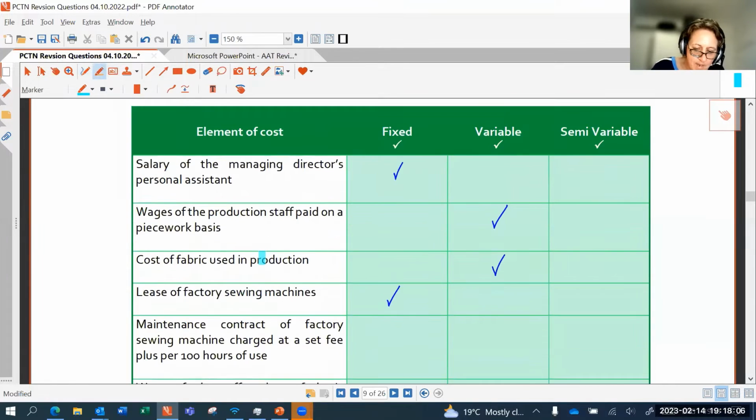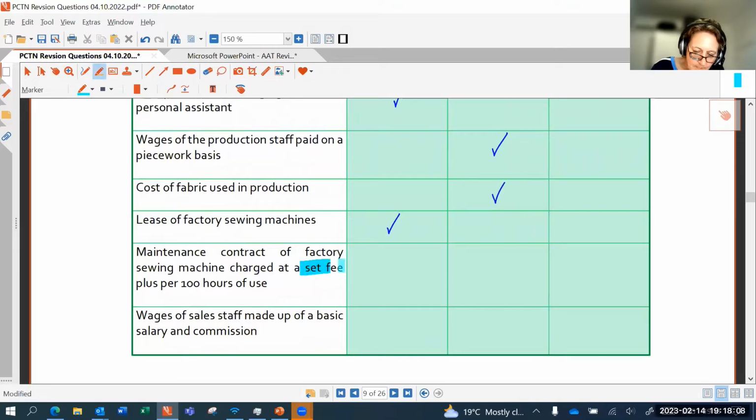So maybe, I don't know, £100 plus an extra amount per 100 hours of use. So it's basically a set fee plus additional amounts for every 100 hours that it's used.